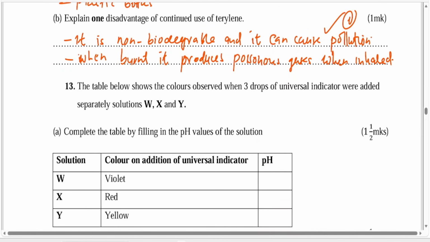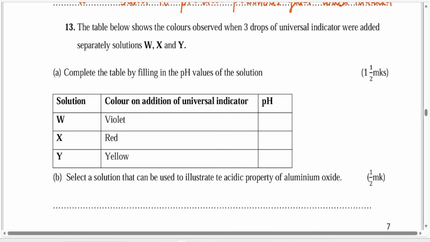Question 13. The table below shows the colors observed when 3 drops of universal indicator were added separately to solutions W, X, and Y. Complete the table by filling the pH values of the solution. We know universal indicator is the indicator used to show the strength of an acid or the strength of a base.